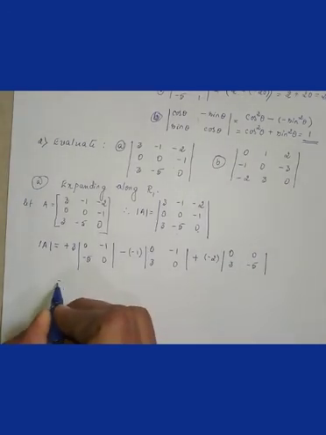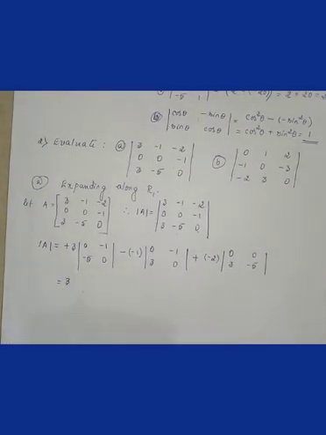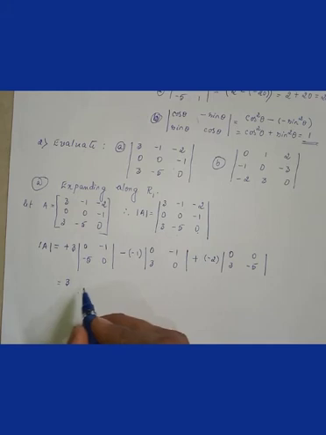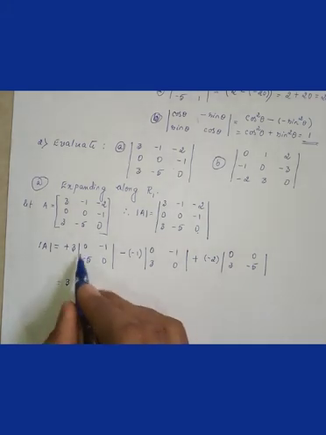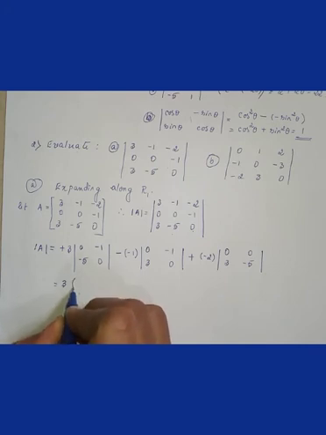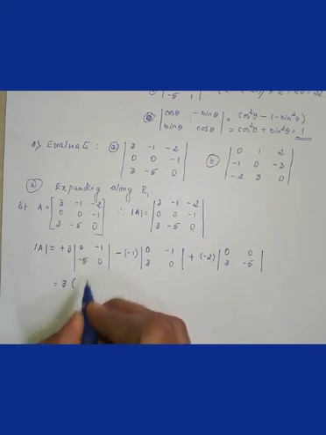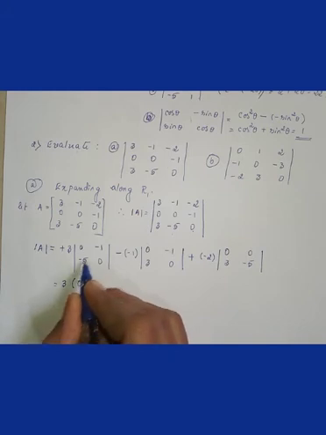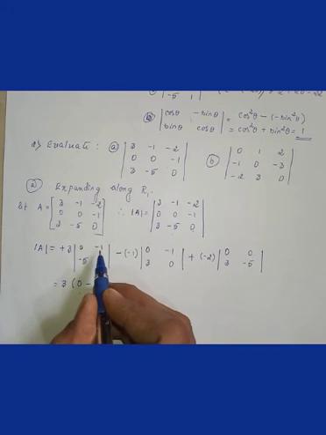So this is equal to 3 into, evaluate the 2 by 2 determinant. What is the evaluation of a 2 by 2 determinant? Multiply the diagonal elements minus multiply the non-diagonal elements, that is minus 5 into minus 1.